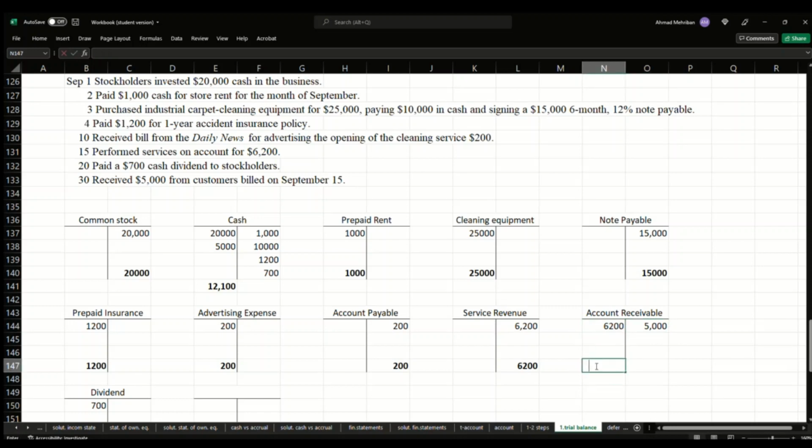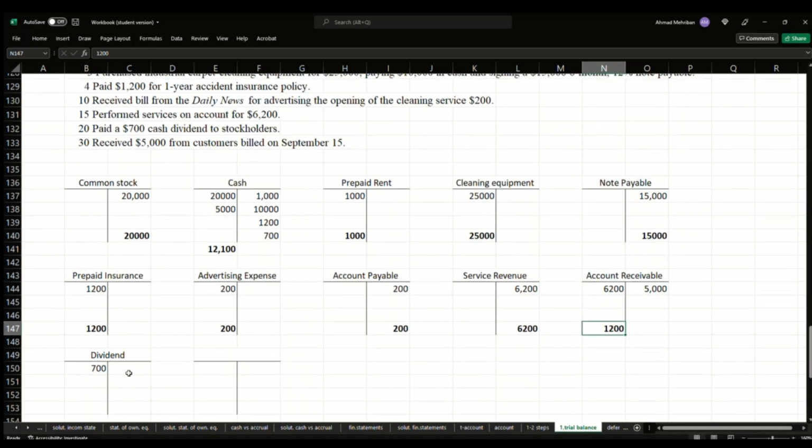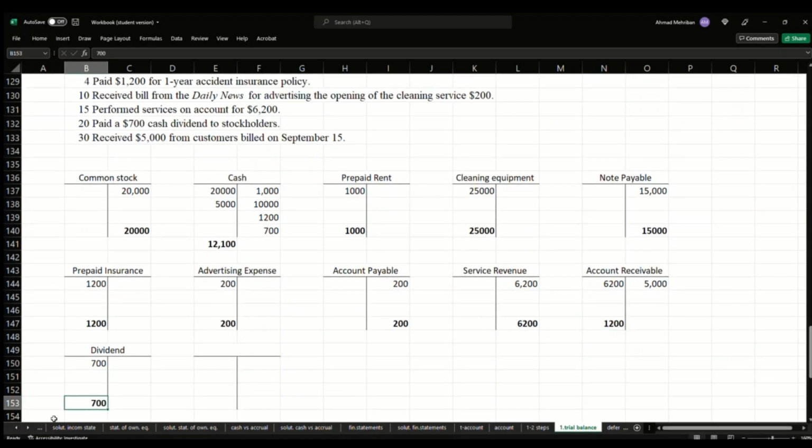So it's now 1,200. Our customer still owes us 1,200. And finally, the dividend is 700 in balance.